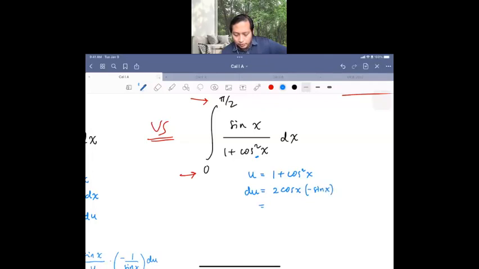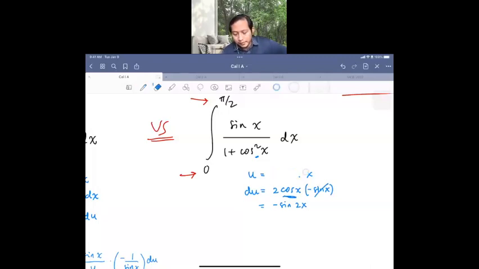The derivative will be negative sine x, and this will result in sine 2x. You will be confused on how we can solve these substitutions, because we will have x and 2x, or even if you want to cancel, we are canceling just sine. What about the cosine?